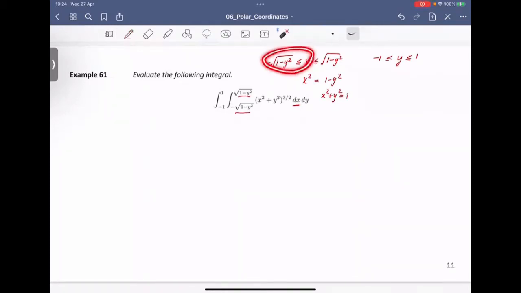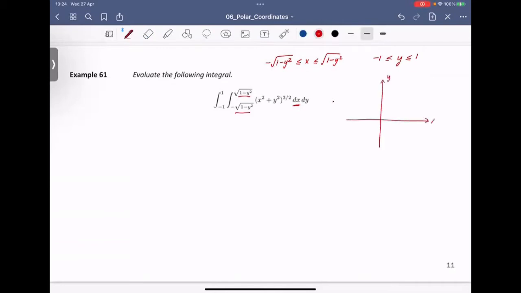And this part as well, if you square it on both sides, the negative sign is going to disappear, and then you're going to get a circle as well. So basically, the picture that you have is going to be just a circle.